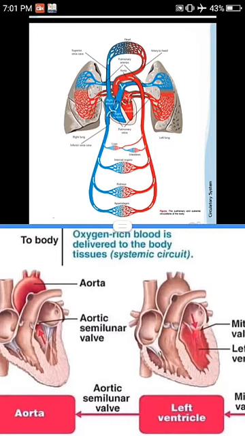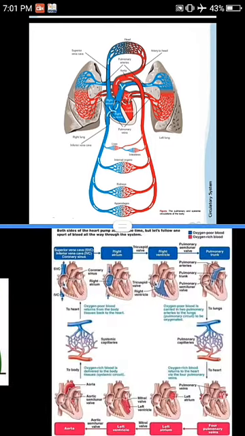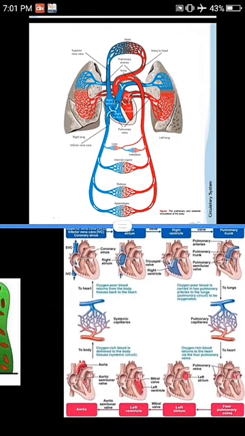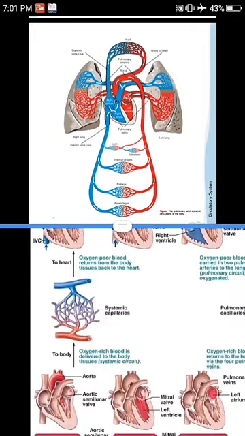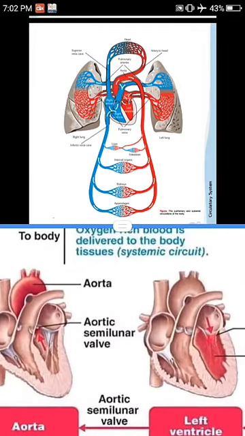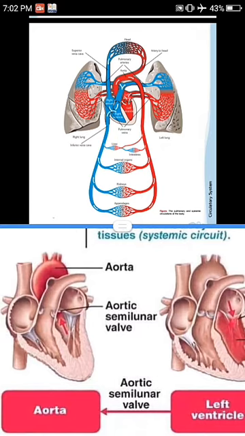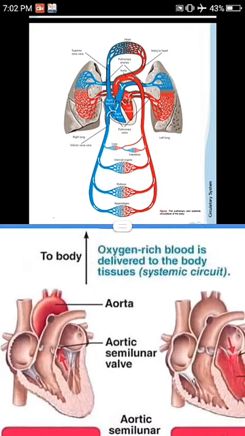This is the aortic semilunar valve which is shown here. I will show you broadly. The blood enters the aorta via the aortic semilunar valve.